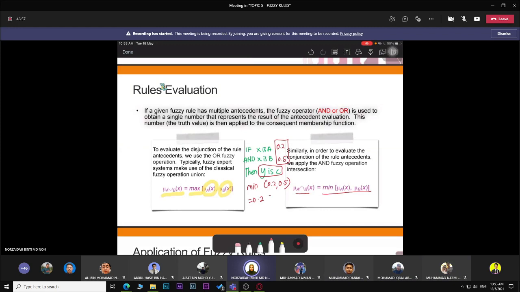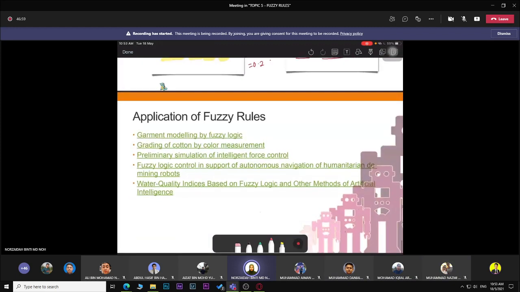Right. Okay. So dekat bawah ni, kalau you tengok ada banyak lagi contoh-contoh application of fuzzy rules that you can look at. Saya rasa you boleh klik dekat link tu kan? Can you try? Boleh klik tak? Does it bring you to anywhere? Tak, link tak ada. Oh, sebab saya dah pindahkan.